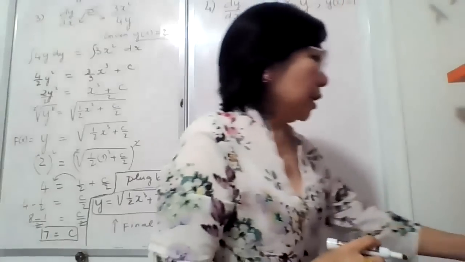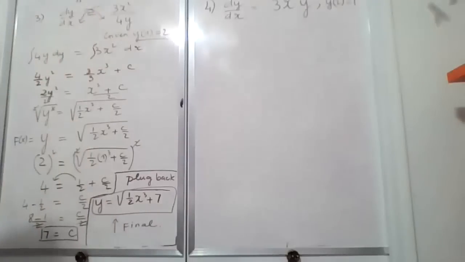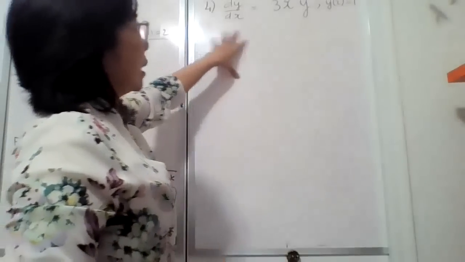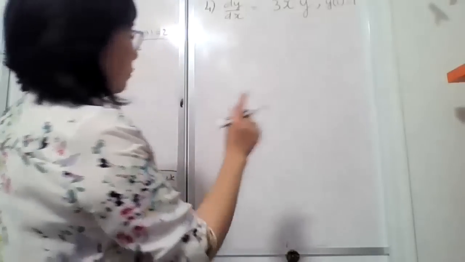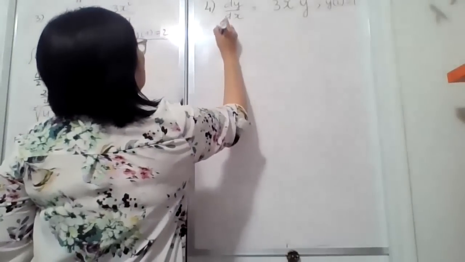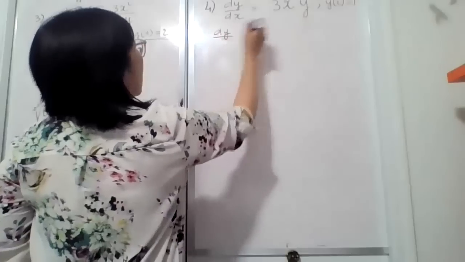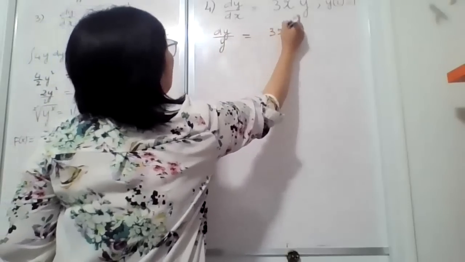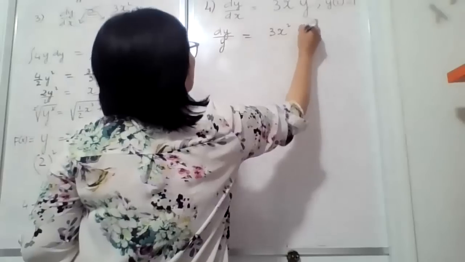Okay, so how do we deal with this? Again, we have to separate y to the left side and x to the right-hand side, right? That's the first step we do. Separate variables. So I will say dy divided by y equal 3x squared times dx.